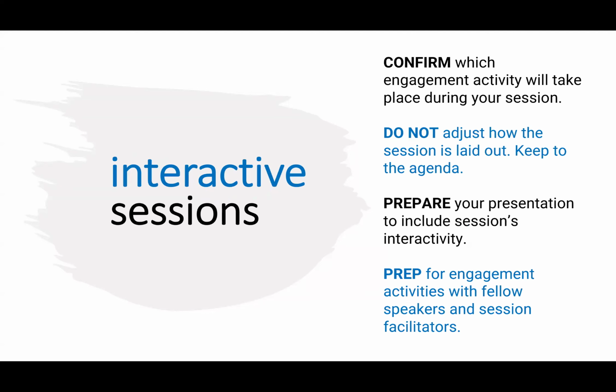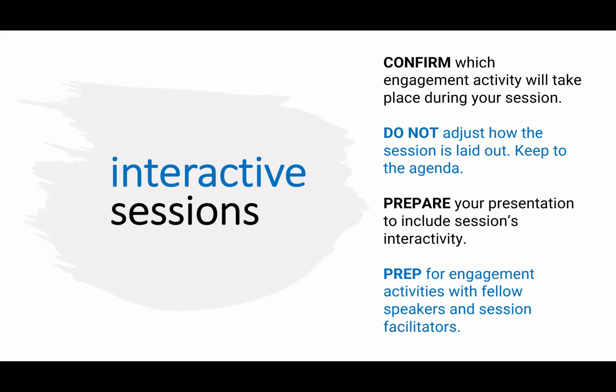All right. If you are participating in an interactive session, make sure you have confirmed which activity will take place during your session in your description of your session that is visible in the mobile app. There is a second paragraph that lets attendees know which activity will be taking place during this session.